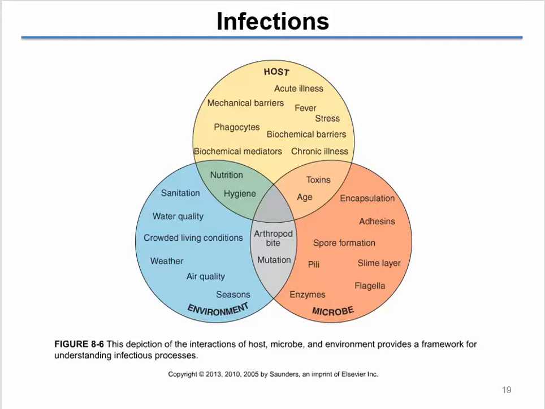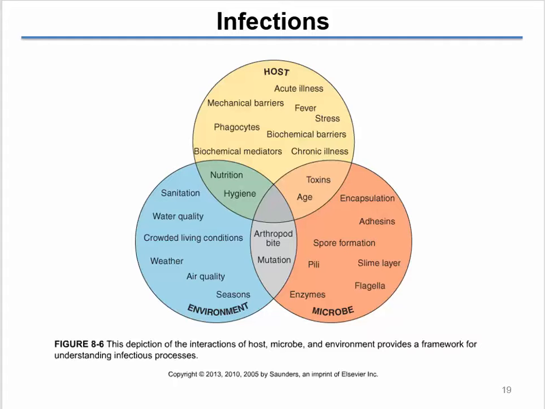Now, for the microbes, it's like, what kind of encapsulation do they have? Do they live outside of the host for very long? Adhesions are important in, say, infections of the urinary tract. With urinary tract infections, you would pee away the pathogens unless they somehow adhere. Or their flagella. Are they transmitted through mosquito bites, arthropods? Those sorts of things all have an overlapping effect.